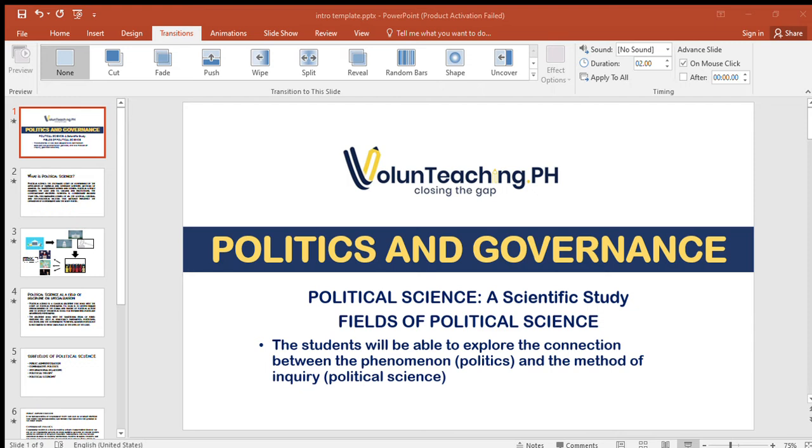Substantively, this can include questions relating to political institutions, behavior, conflict, and causes and consequences of economic development. When applied to specific fields of study, comparative politics may be referred to by other names, such as comparative government, since we will be comparing one government from another, past government to the present government.